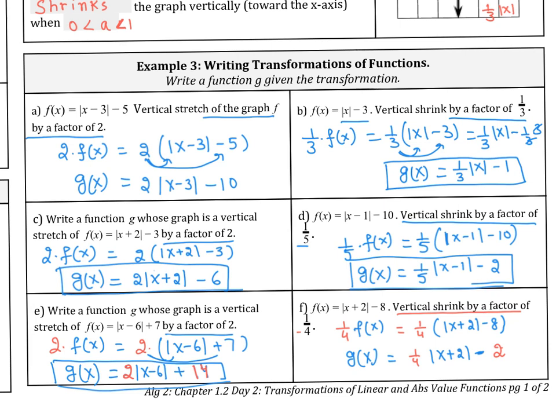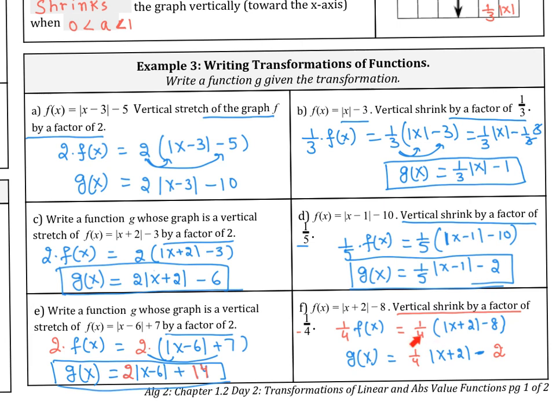Vertical shrink by a factor of 1 over 4. So you want to find the function, the g(x), that is a vertical shrink by the factor of 1 over 4. So it means you're going to multiply the function f(x) by 1 over 4. So the function f(x) is absolute value x plus 2 minus 8. So you're going to put that inside the bracket.